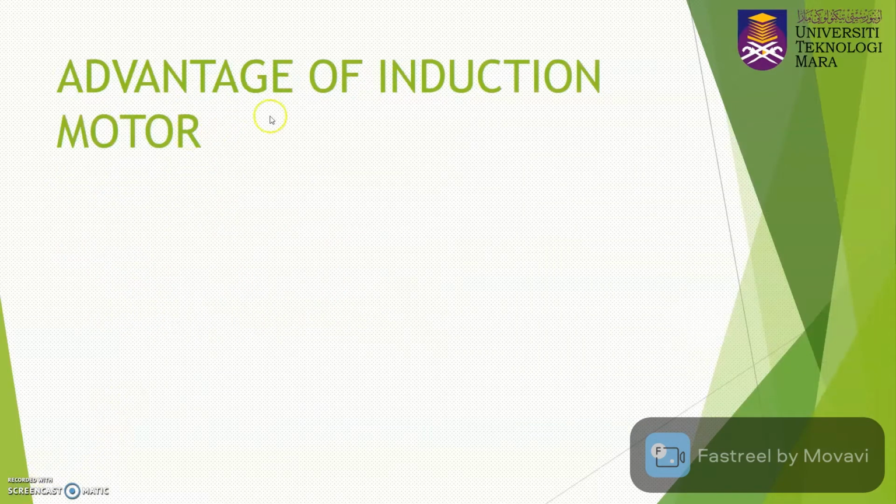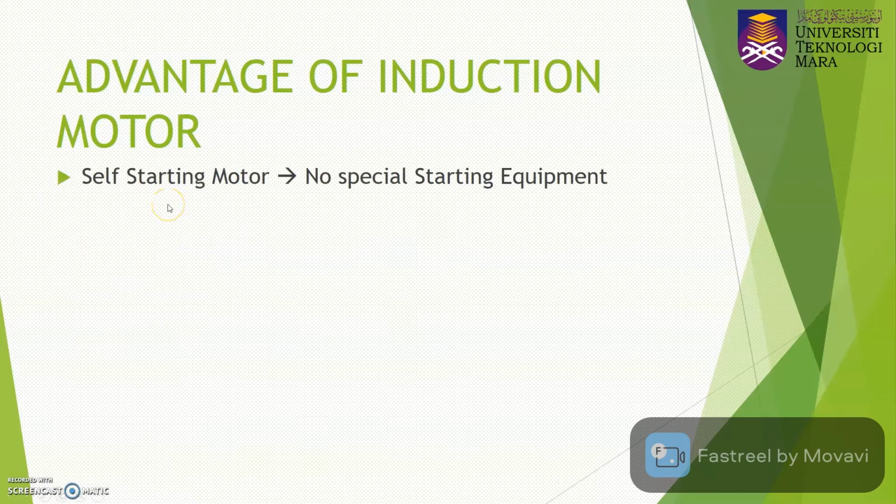Basically, the induction motor has a few advantages over other types of motor. The first one is that the induction motor is considered a self-starting motor, meaning that it needs no special starting equipment. Whenever you have a stator and a rotor, you just need to apply AC current to the stator and the motor will be induced by itself.